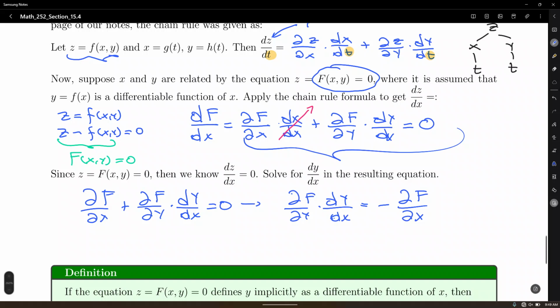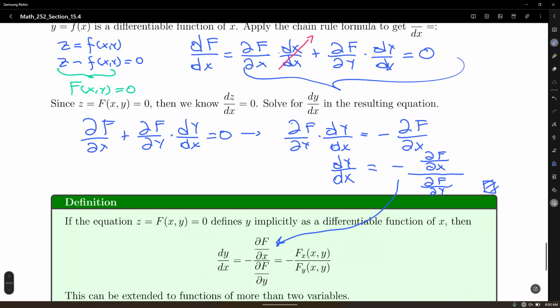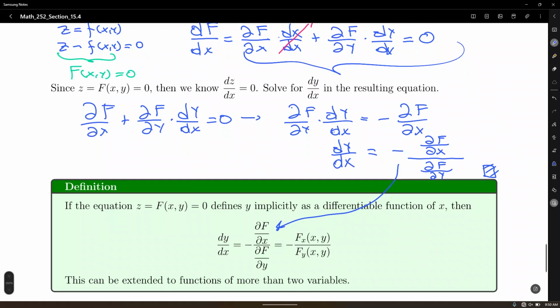And dividing both sides by df dy to get the dy dx, check this out. That's going to be negative partial of f with respect to x divided by partial of f with respect to y. And that is the end of the proof. That is the end of the derivation. Actually, this is the formula you have in the definition box below. All right?